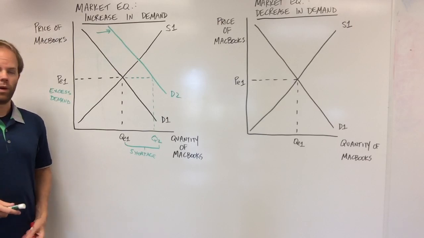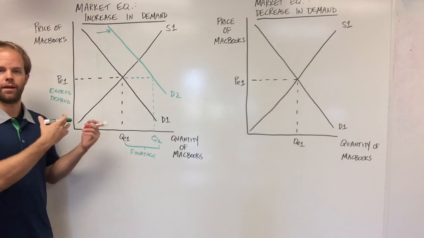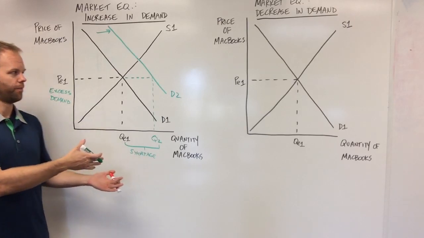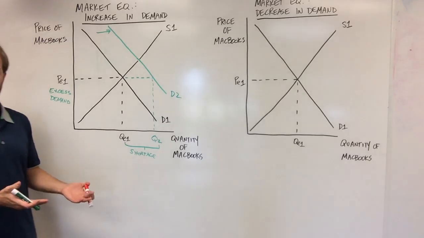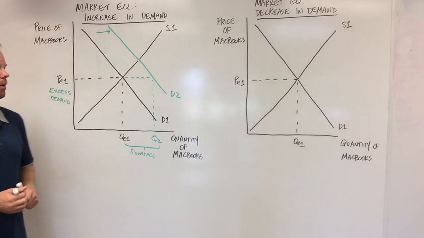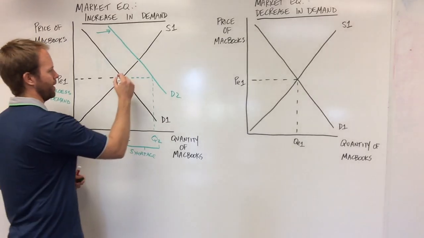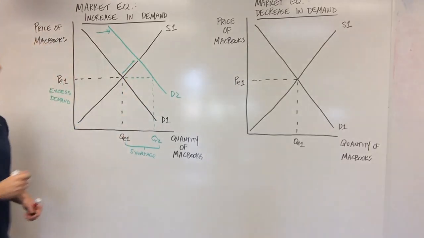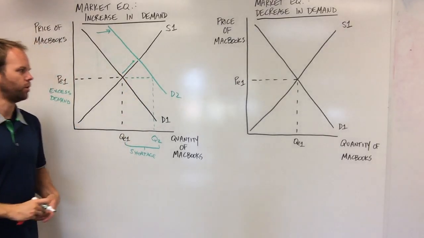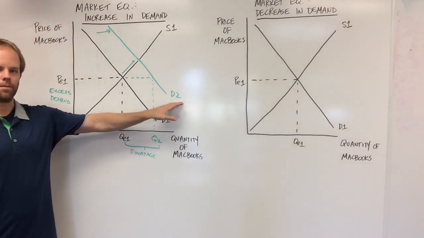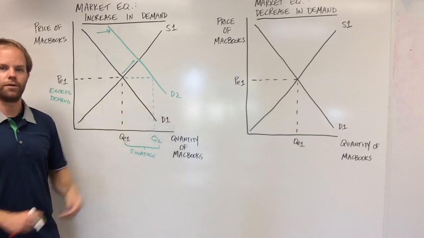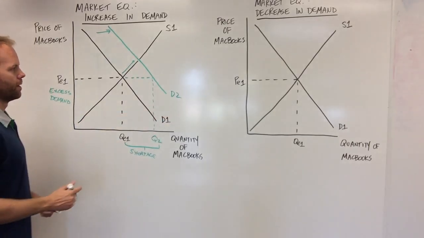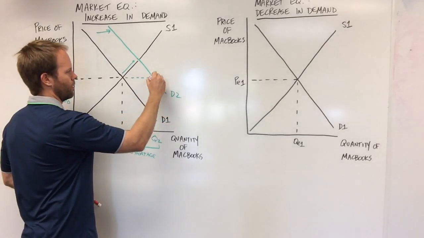So when Apple realizes there's been an increase in demand, they will raise their prices, and that will incentivize them to make more computers. And for those people who make up the demand at D2, because of the law of demand, fewer people will want to buy computers.